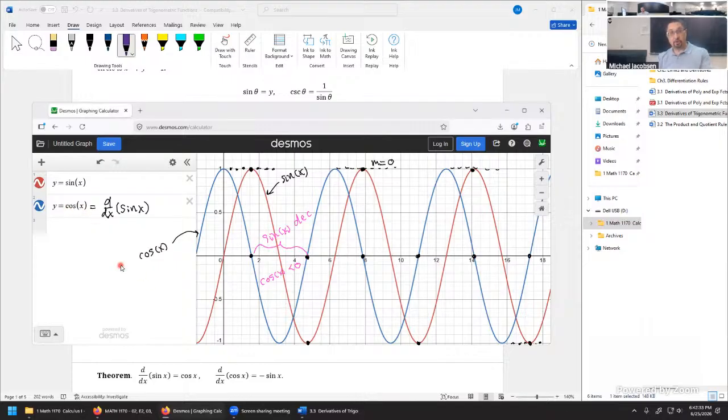Now, this isn't a proof, but it makes it highly plausible that if you differentiate the sine curve, you really are getting the cosine curve. And the author makes that a 100% fact by giving the legitimate proof using the definition of the derivative. That's one look at how this theorem works and why it's plausible. You can do the same thing with two new graphs, cosine for one and negative sine for the other, but we'll leave it off at just the first look here.